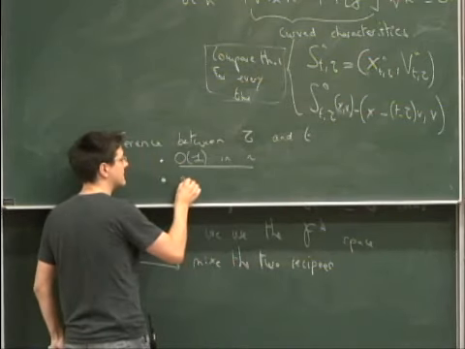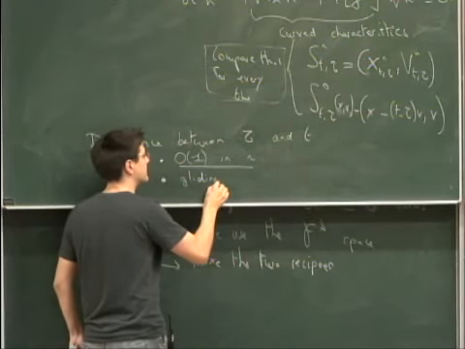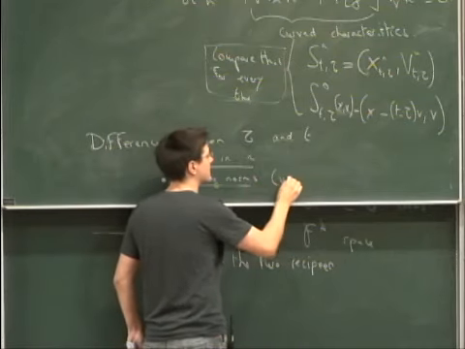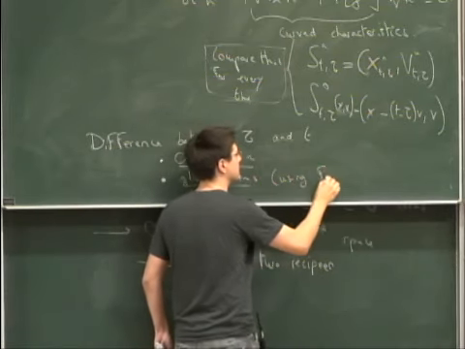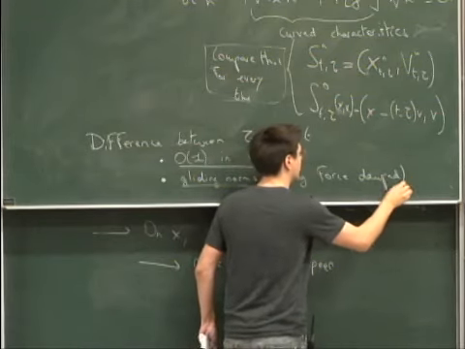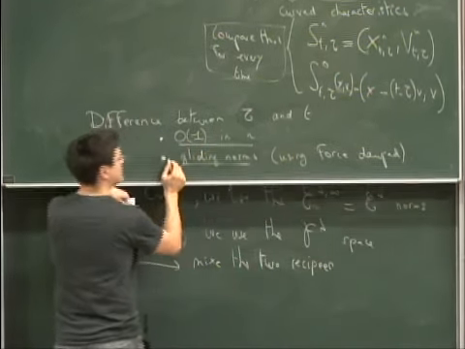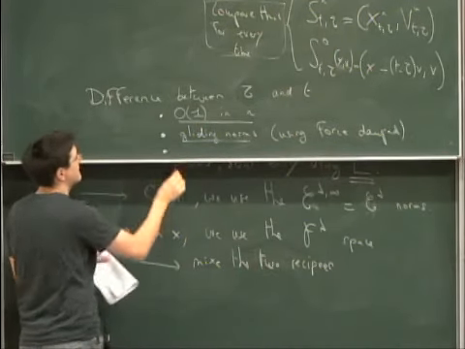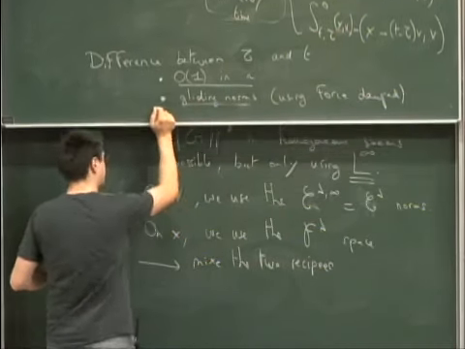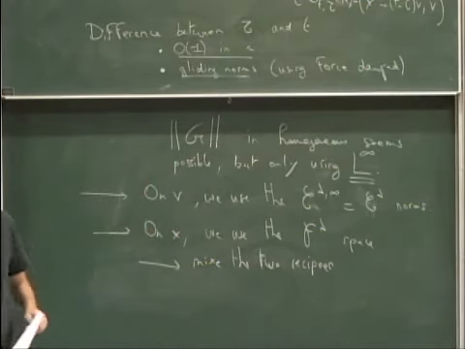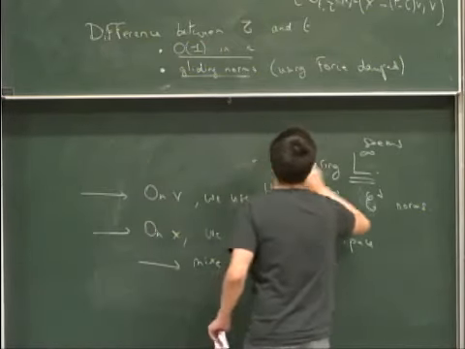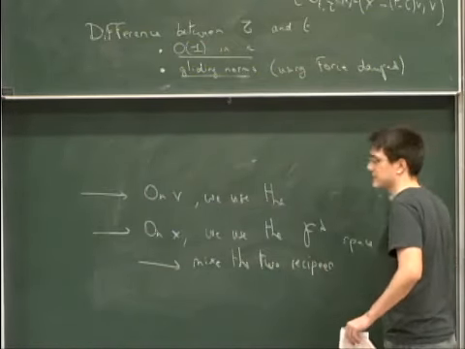We have to estimate in Gevrey norm, using that the force is damped. And the last specification we want is that we want two very natural things. If tau is close to t, then more or less nothing happens.